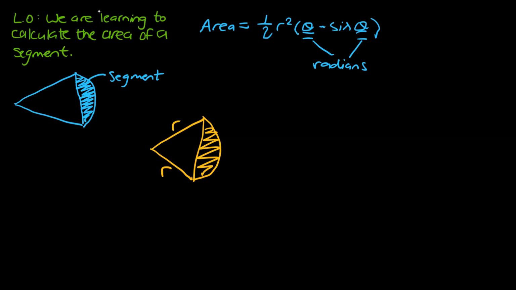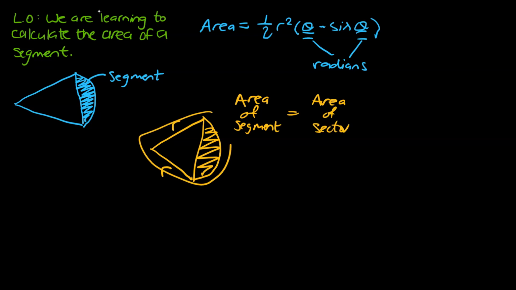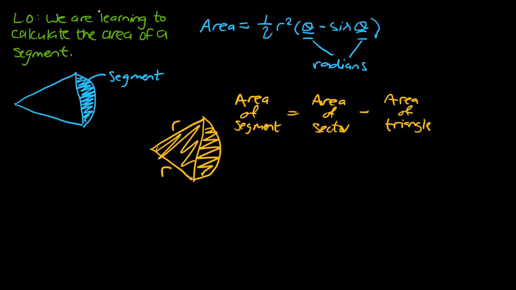So the area of this total shape, area of segment, that's going to be equal to the area of the sector, which is the total shape all the way around, minus the area of the triangle that sits in the middle. And that would be this portion there that sits there.